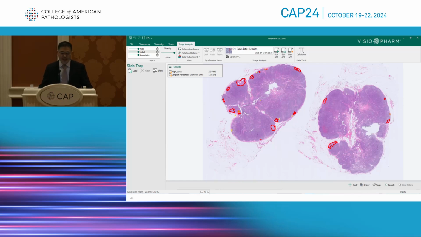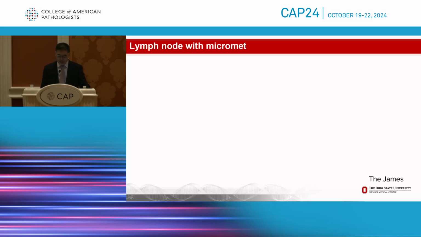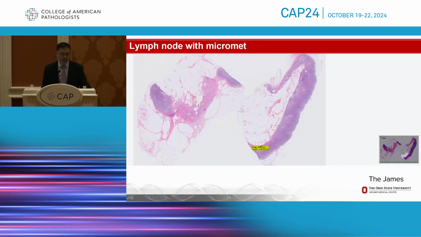As we can see here, the AI tool highlights the potential tumor metastasis in the lymph node, so that you can just focus on those highlighted areas. You don't need to look at other areas. So let me give you some real examples. This is a lymph node with a micrometastasis.